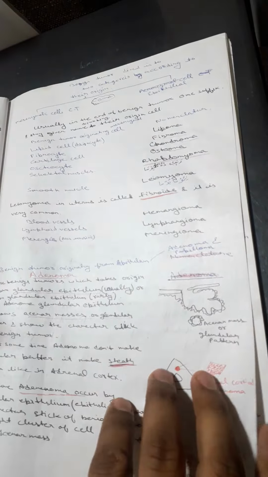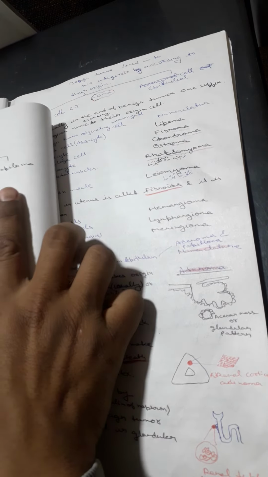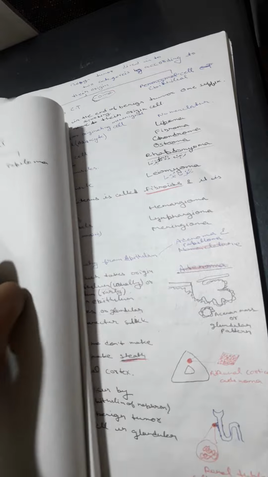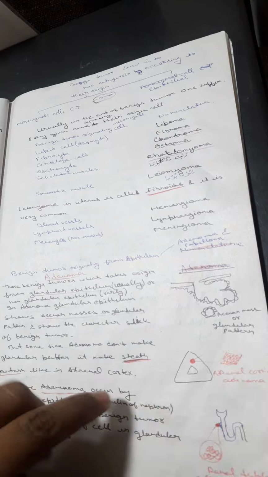And another type of name for the epithelial cells is papilloma. Adenoma is about the glandular tissue, where glandular formation occurs. And the papilloma, see here.